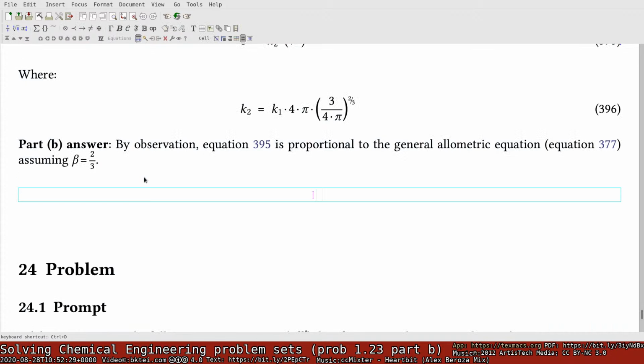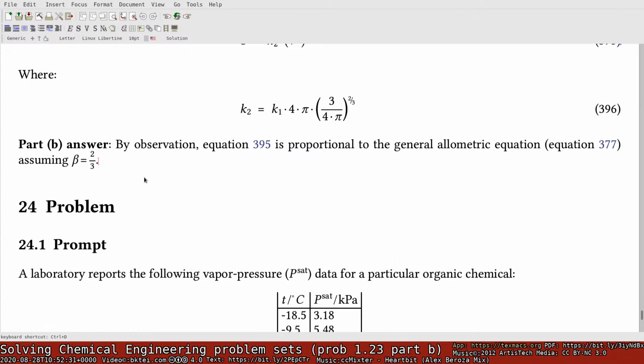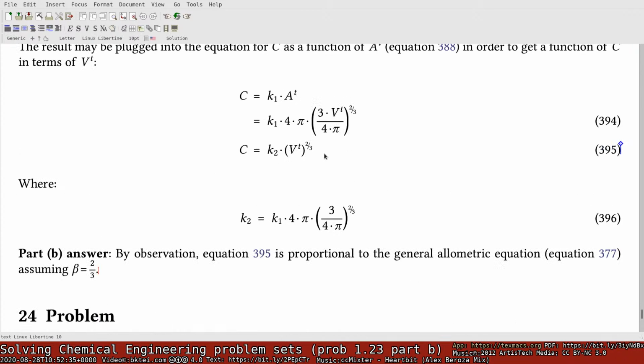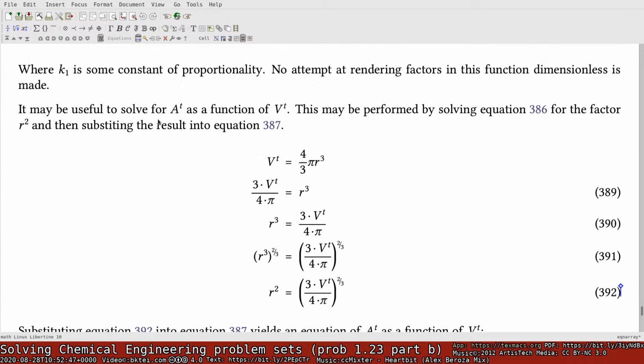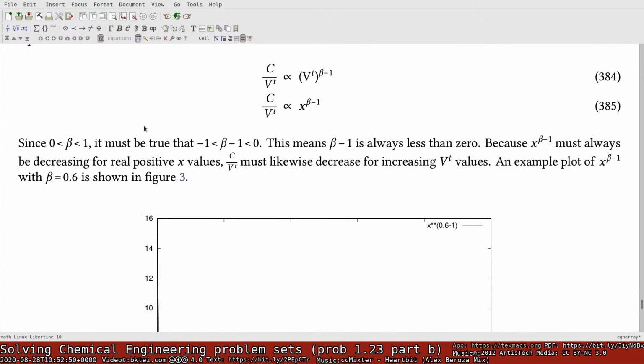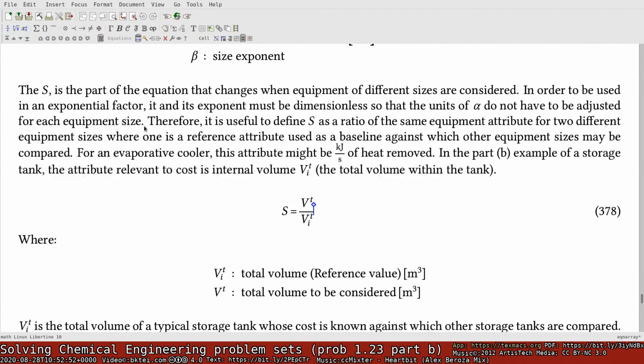We could probably find a way to make it useful, but I'm not going to. So equation 395 is proportional to the general allometric equation, equation 377, assuming beta equals 2/3, which is all we were asked to do.